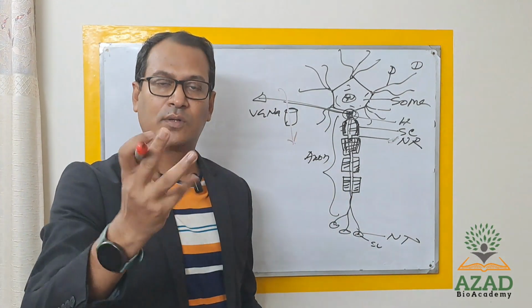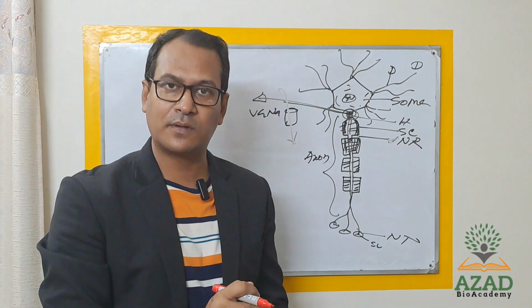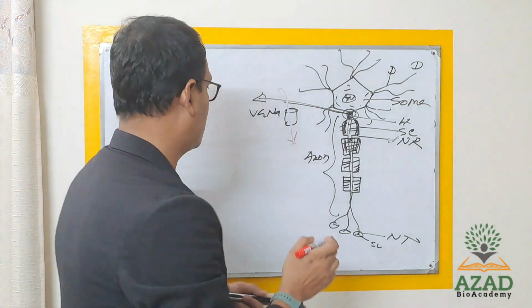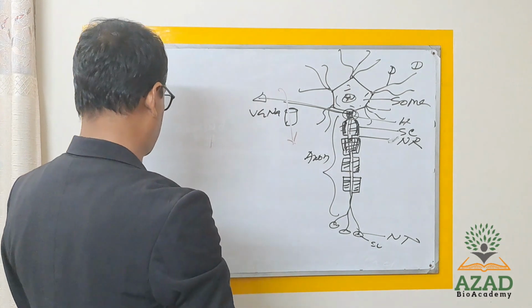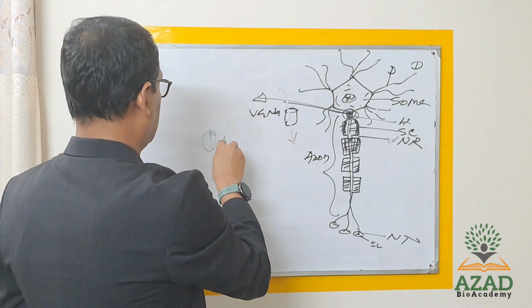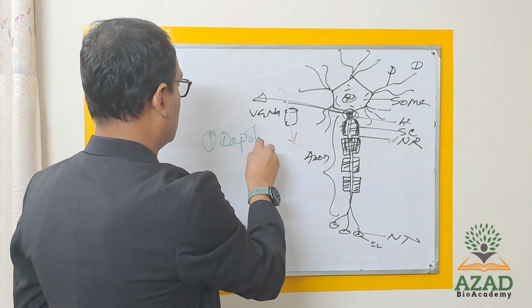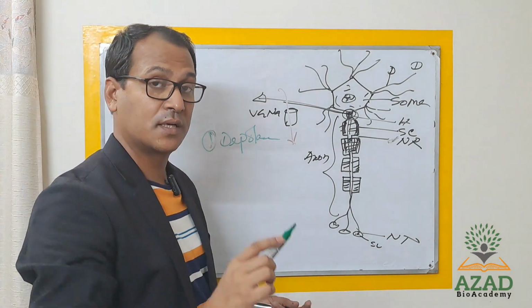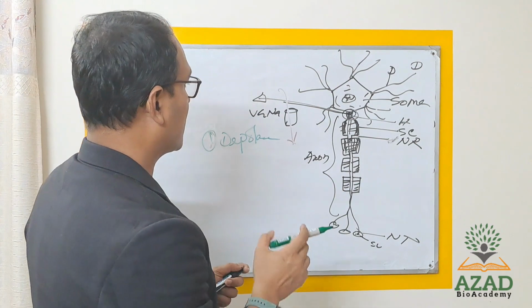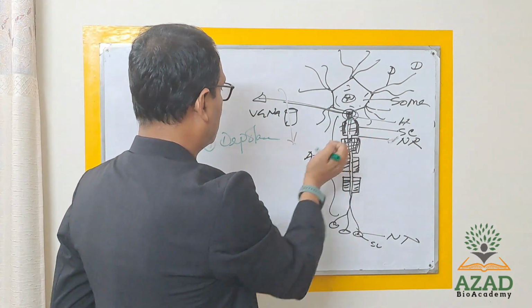And when sodium enters, it will create depolarization. I already discussed depolarization. So depolarization happens by the entry of sodium through the voltage-gated sodium channel.